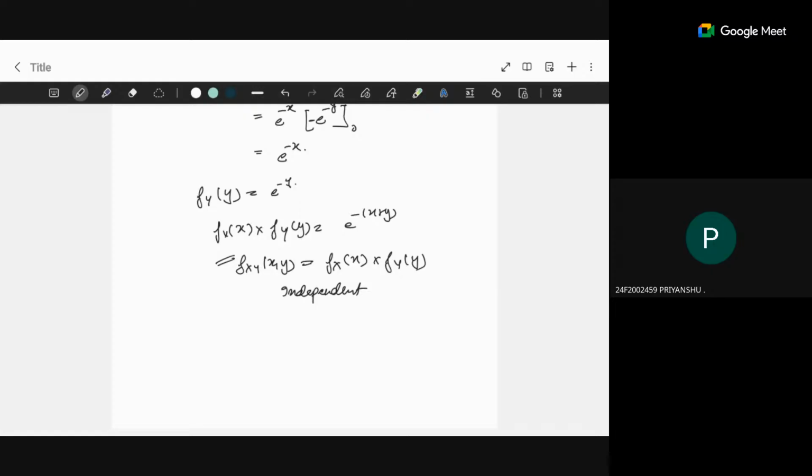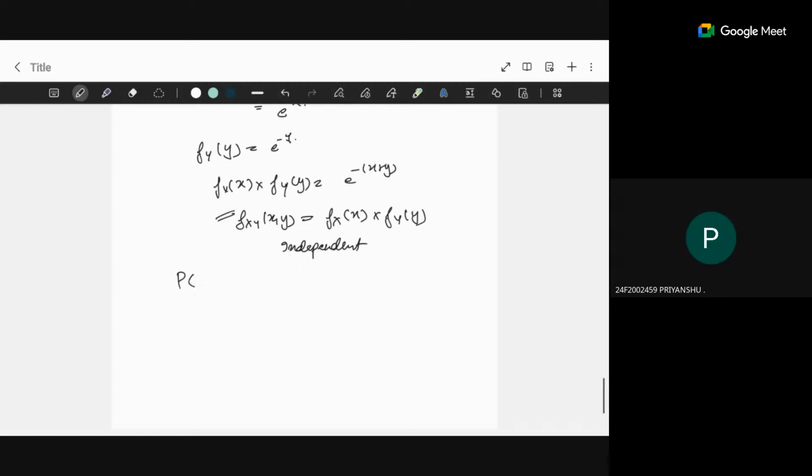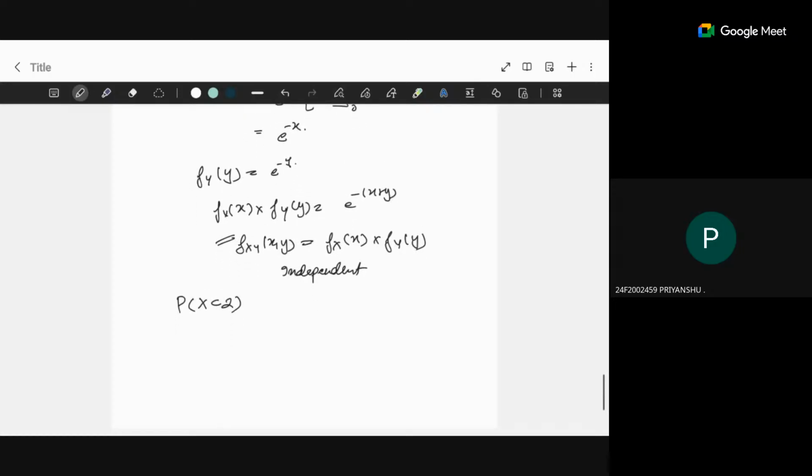Now what else? We need to find out the probability of x less than 2.